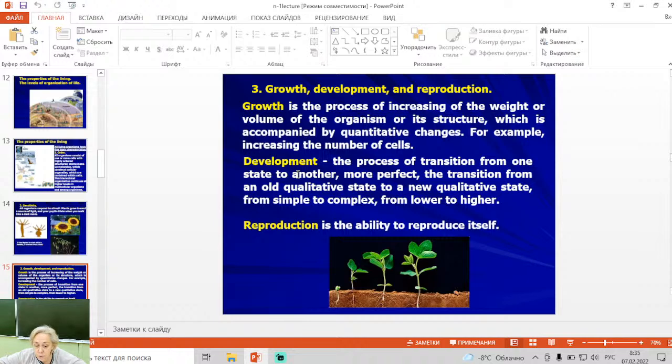The transition from an old qualitative state to a new qualitative state, from simple to complex, from lower to higher. Reproduction is the ability to reproduce itself.